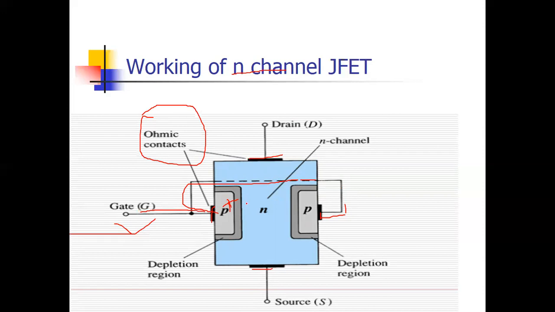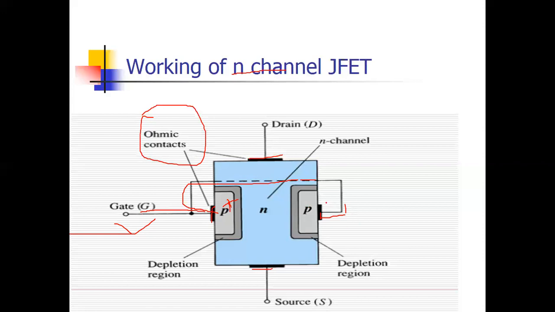Now since this is P and this is N, there is a depletion region here, and also between P and N here there is a depletion region. But remember, never say it is two PN junctions. No, this is not a PN junction. This is an N channel, a long N semiconductor bar, where we have taken P for the gate.